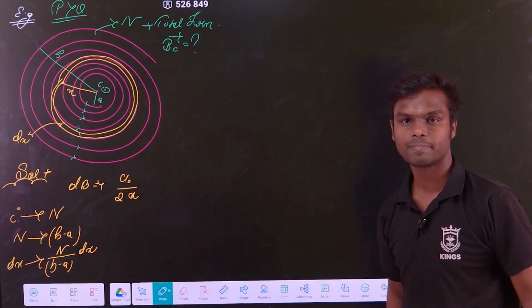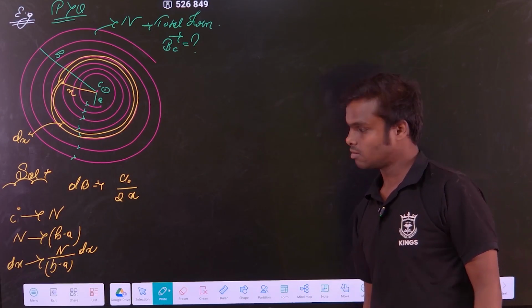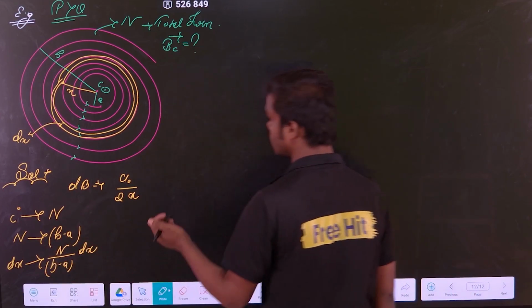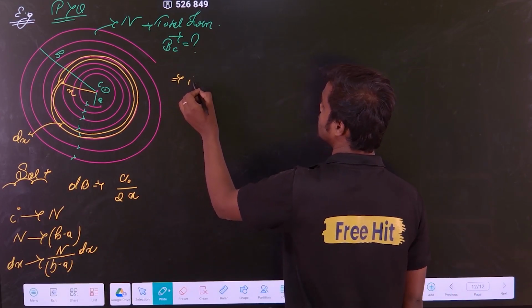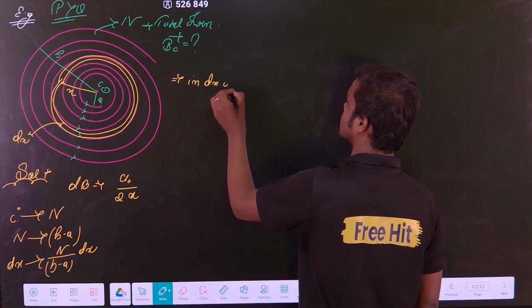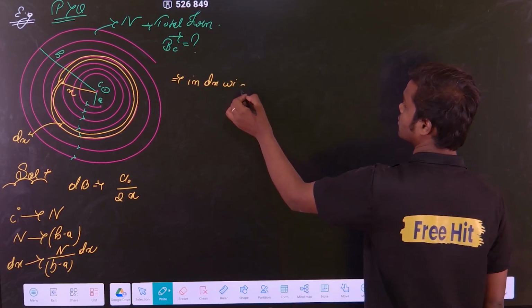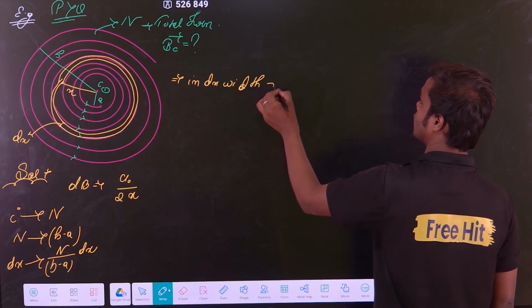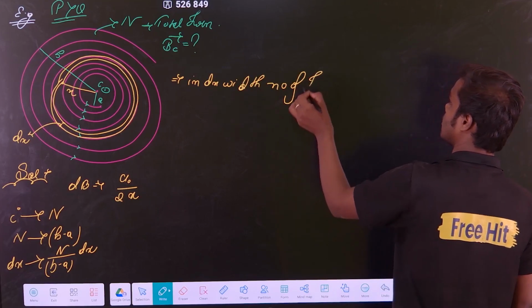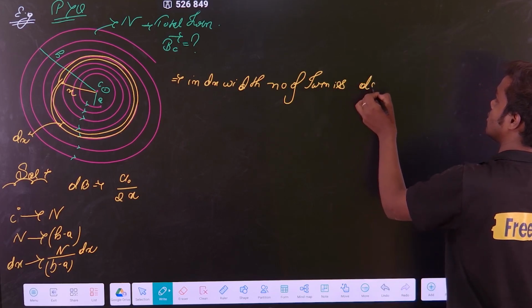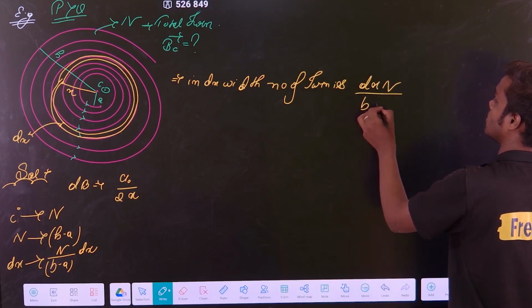This is how many turns are present. In dx width, the number of turns is dx into capital N upon b minus a.